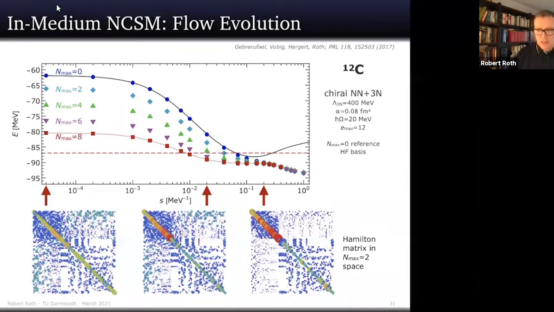But what has been done also very successfully and in very different and broad applications is to use the single reference version, so the standard in-medium SRG, to evolve a Hamiltonian for your core nucleus, so the core that you want to use later in your shell model calculation, and extract from this evolution by a specific choice of the generator, which actually does this shell model-like decoupling.